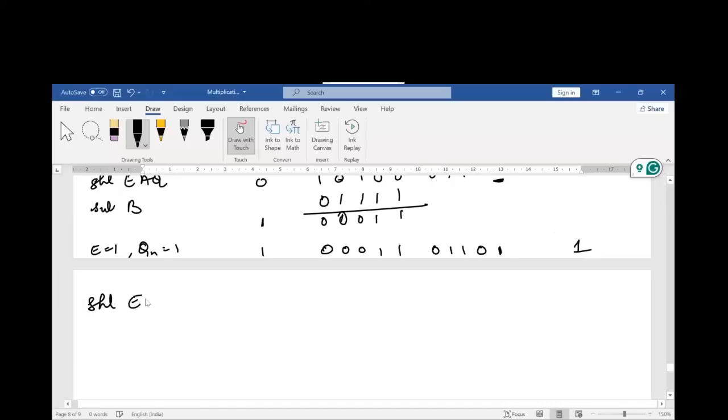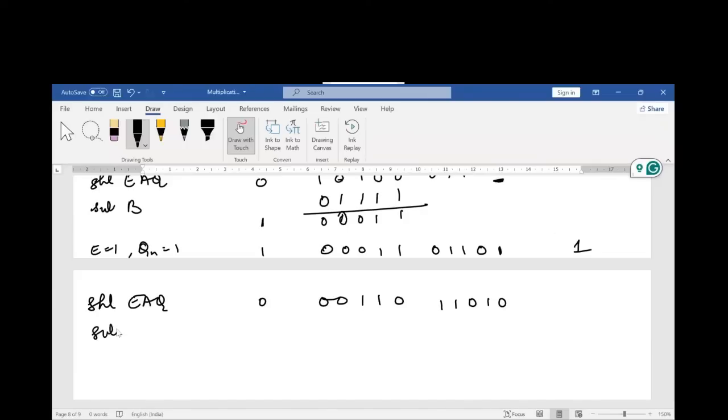SHL EAQ. This one will drop 1 0 1 1 0 1 1 0 1 0. Then subtract b. Subtract b is add 4 times 1. 1 0, sorry 1 0 1.